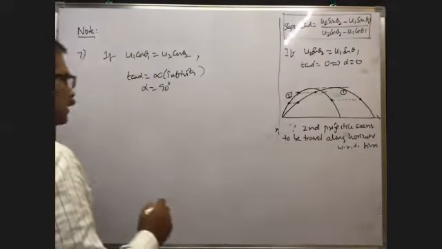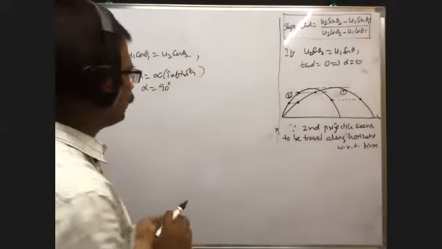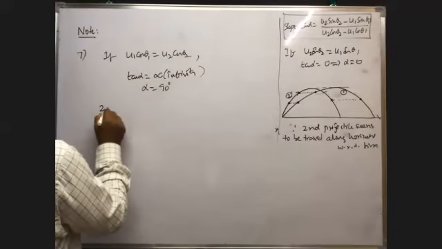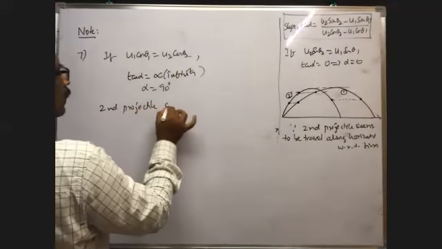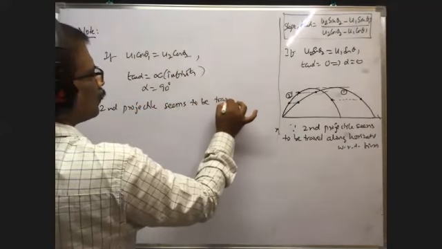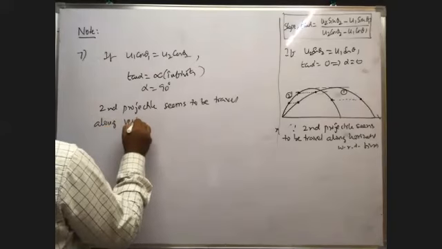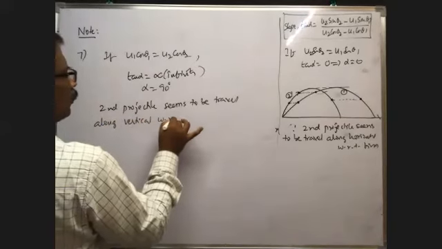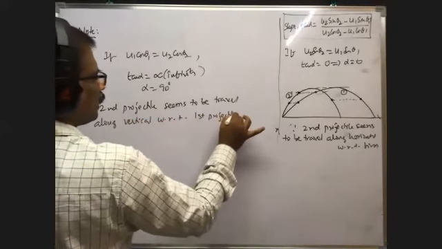Okay, in such a case, when you see one projectile with respect to the other, the second projectile seems to travel along the vertical direction with respect to the first projectile.